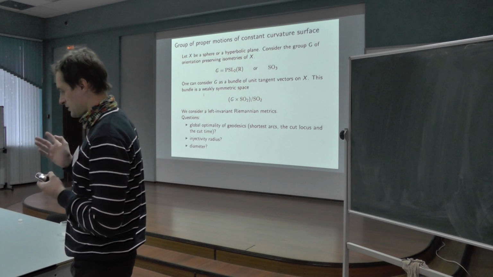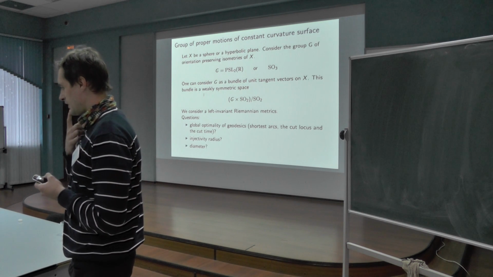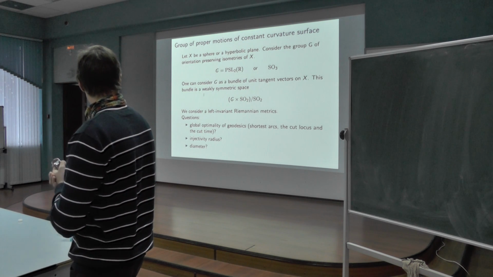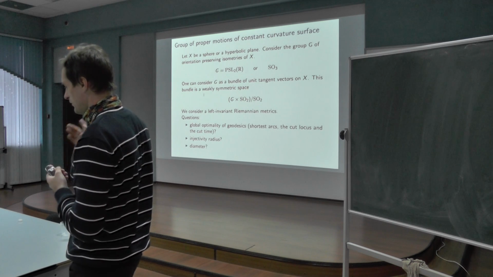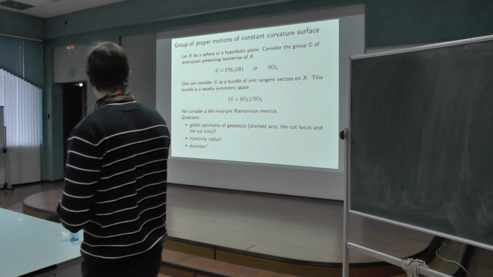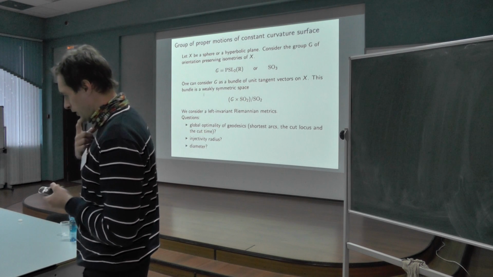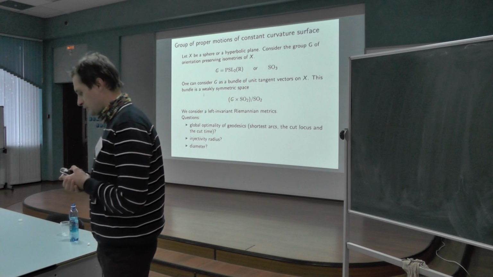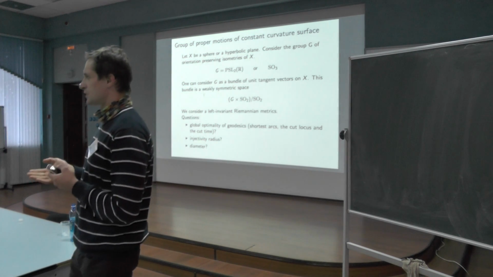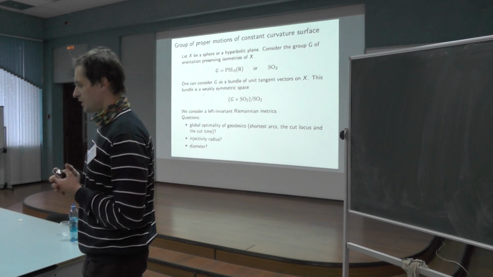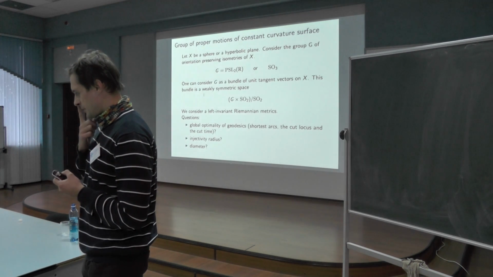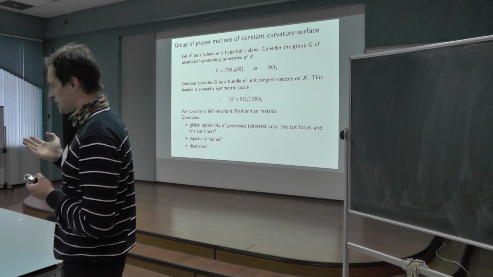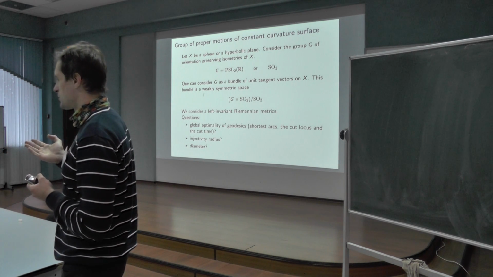In the case of a hyperbolic plane we have the group PSL2, and in the case of the sphere we have the SO3 group. One can consider this group of isometries as a bundle of unit tangent vectors on our surface, and this bundle is a weak symmetric homogeneous space.